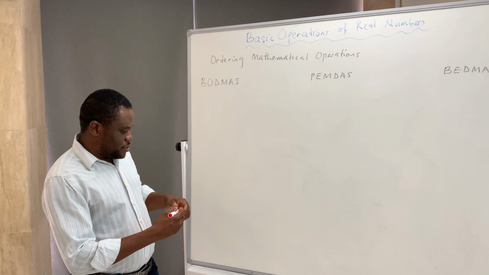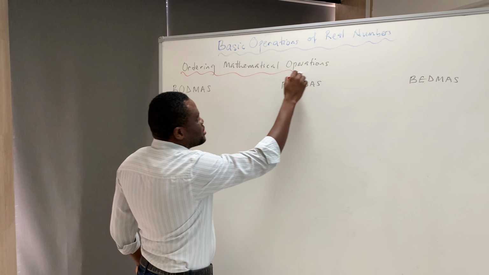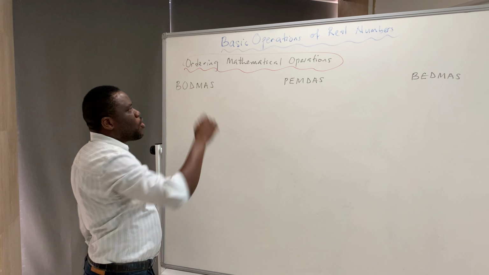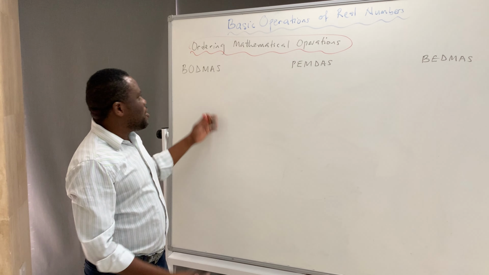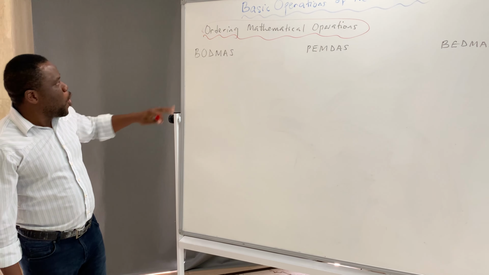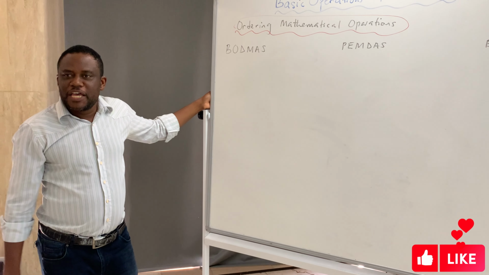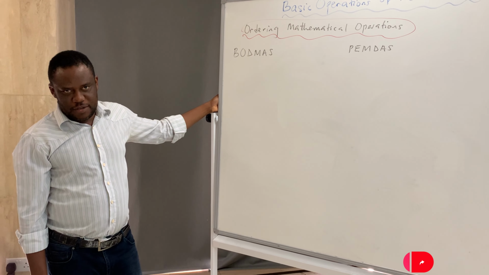So, let's look at our basic operations. But before that, let's see how we order the operations. We have three different ways and many more. This one, BODMAS, is commonly used in Britain, UK.